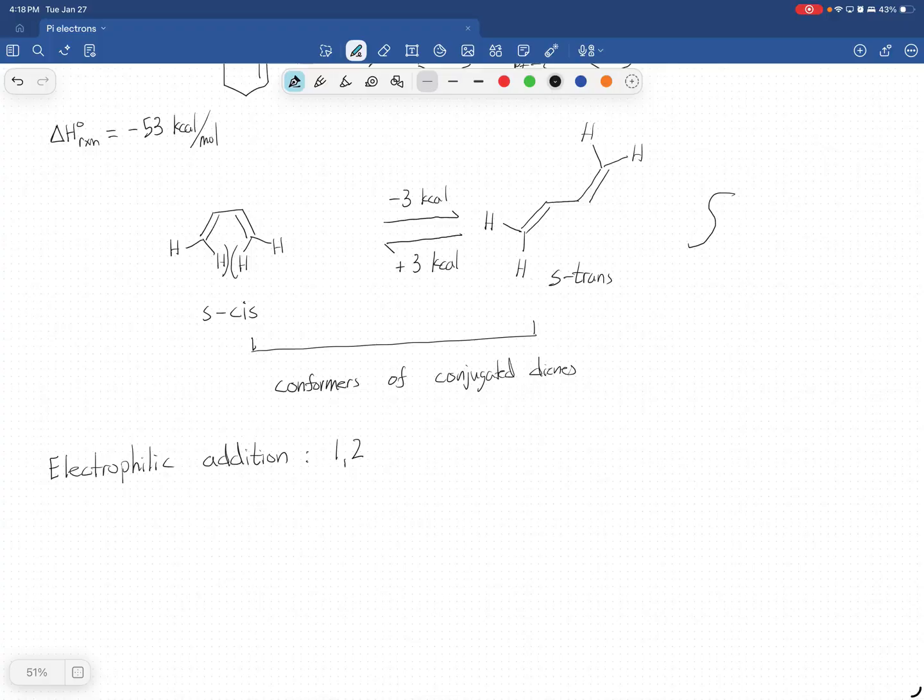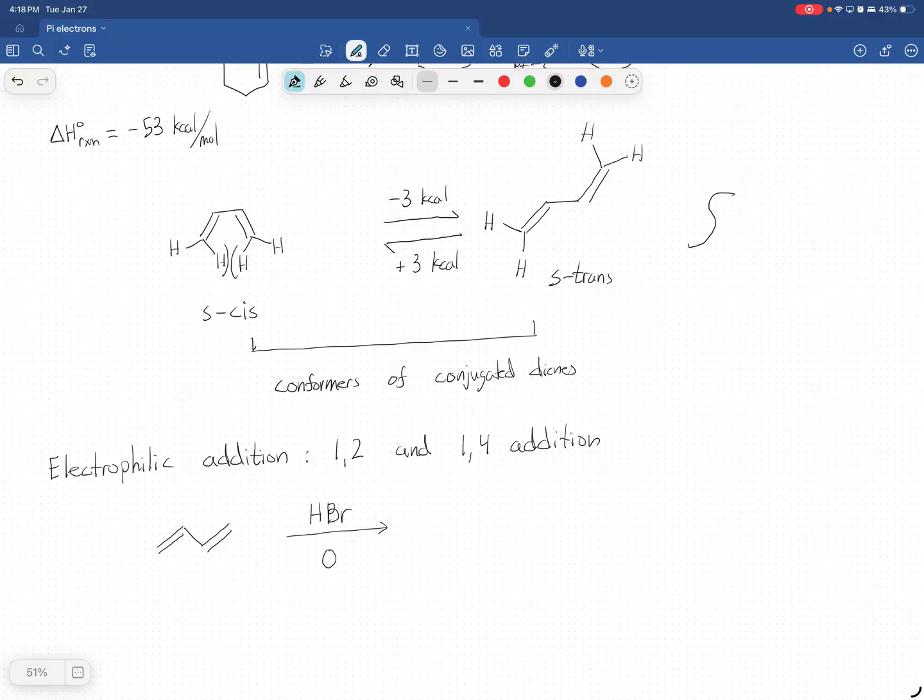One, 2, and 1, 4. I'll explain what these numbers mean in a bit, but 1,2 and 1,4 addition. Previously we saw alkenes react with HBr, and alkynes do the same thing.